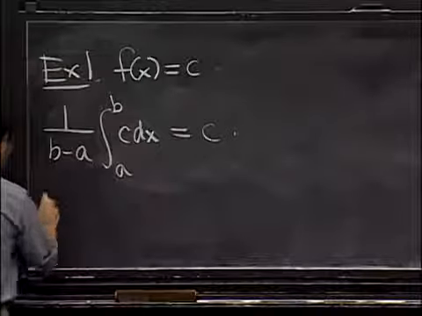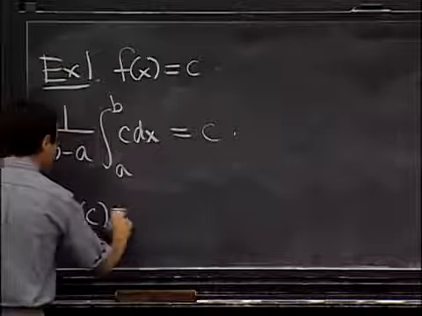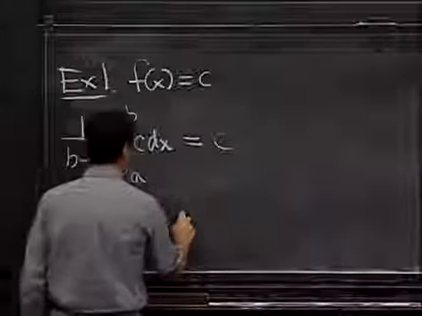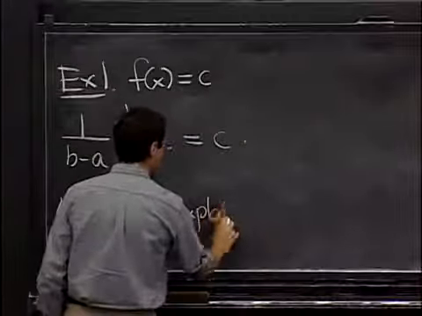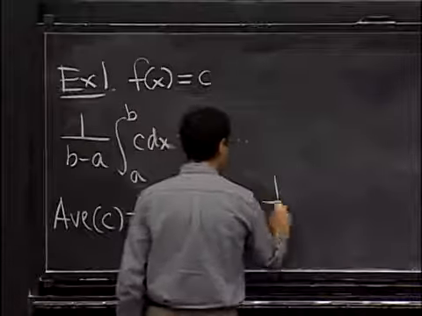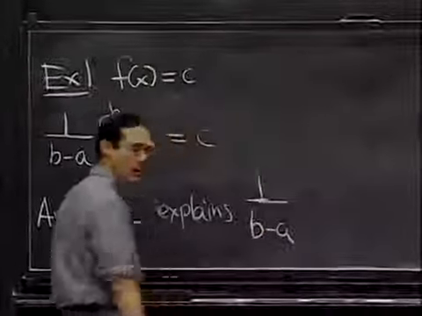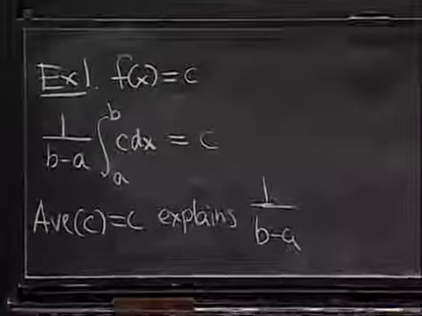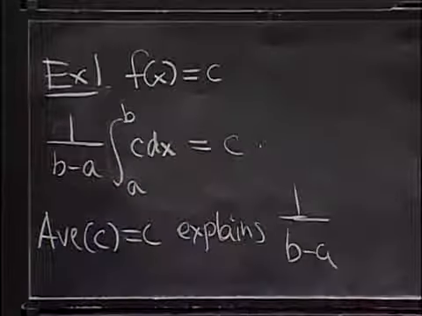And so the fact that the average of c is equal to c, which had better be the case for averages, explains the denominator, explains the 1 over b minus a there. That's cooked up exactly so that the average of a constant is what it's supposed to be. Otherwise, we have the wrong normalizing factor.